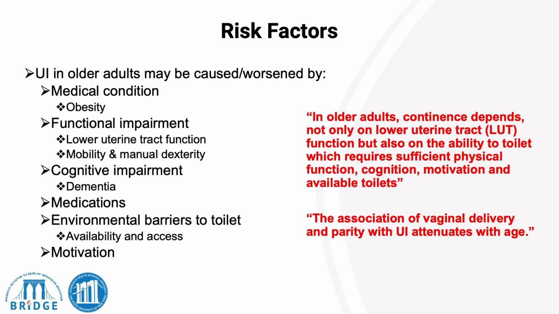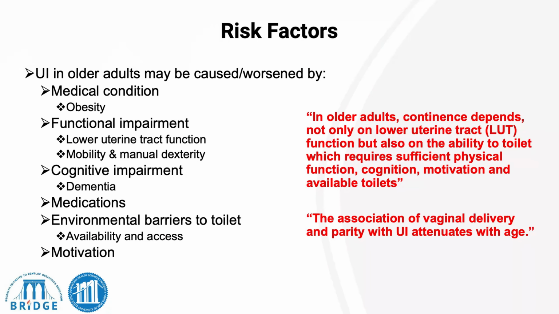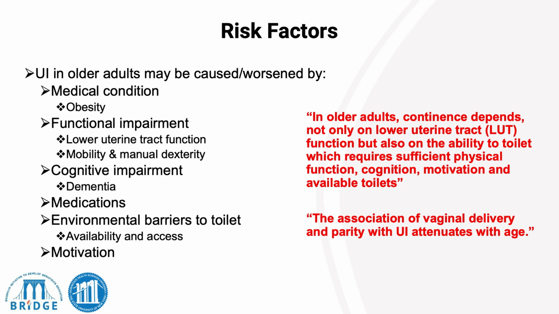Medications can increase the risk of urinary incontinence. Environmental barriers, availability and access to the restroom, and motivation. These are all risk factors contributing to urinary incontinence. In older adults, continence depends not only on lower urinary tract function, but also on the ability to toilet, which requires sufficient physical function, cognitive motivation, and availability of toilets.